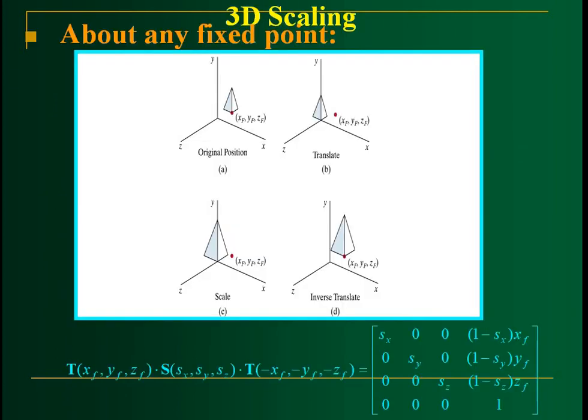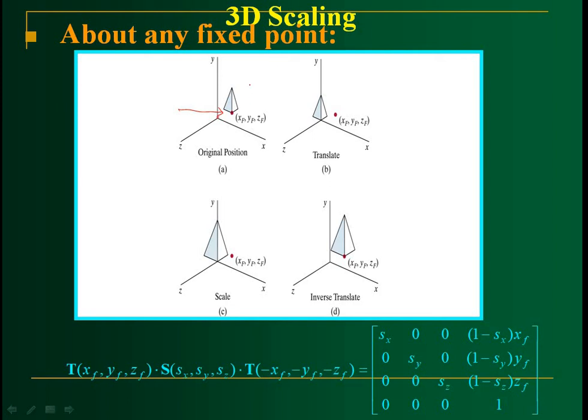Now let's see this about any fixed point. So here, this is the object we want to scale, and as you can see, this small point, the red dot here, we have to bring to the 0, 0, 0 of the x, y, and z axes.